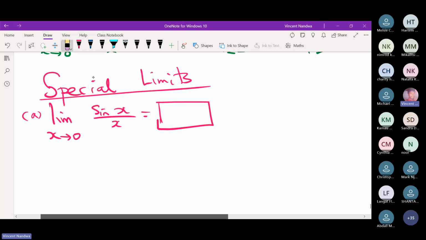I want us to find the limit as x approaches 0 of the function sine x over x.